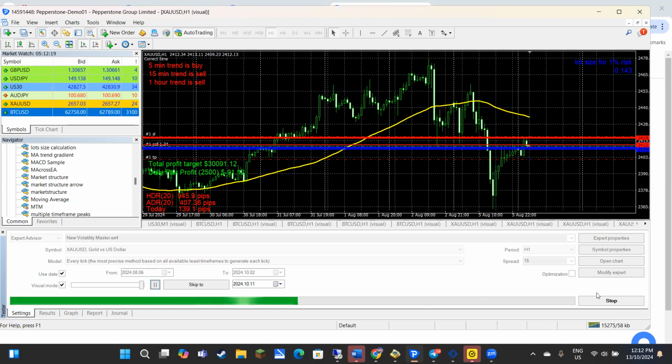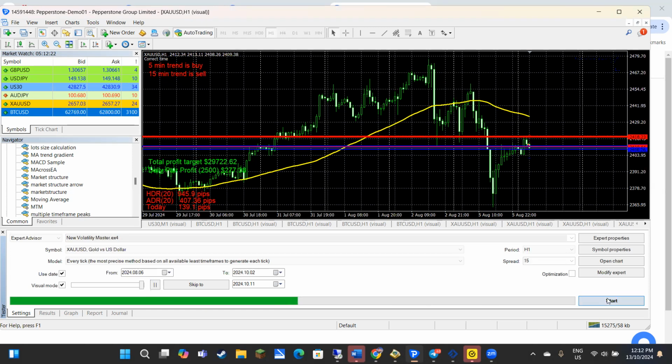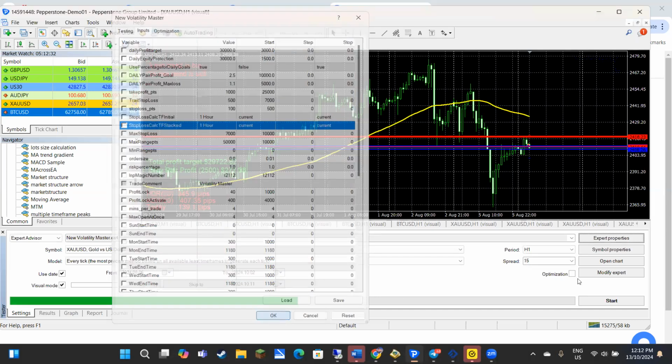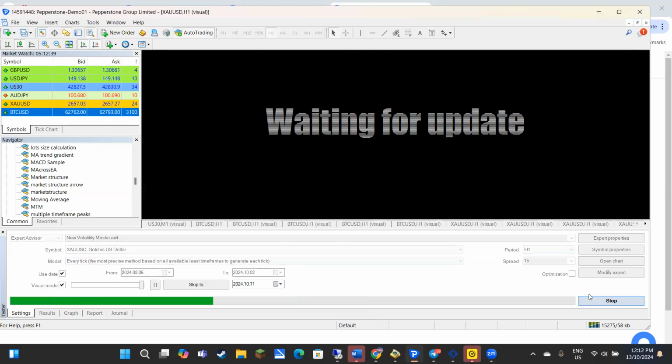And now I will just back test that same time period, but we'll change the stop loss calculation time frame to 1 hour, and we'll back test the same time.